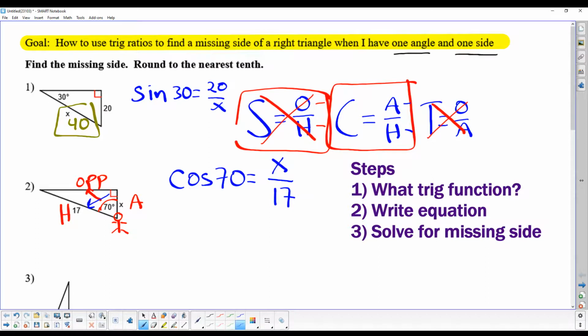Here, it's much easier because if you look at this, my x is being divided by 17. So the opposite of divide by 17 is multiply by 17. I'm going to put the 17 here.